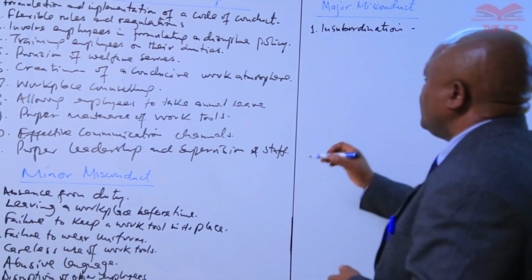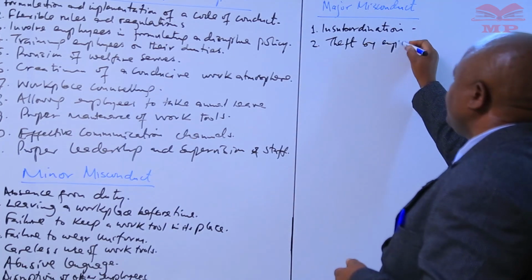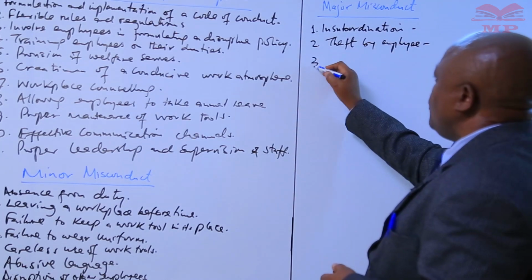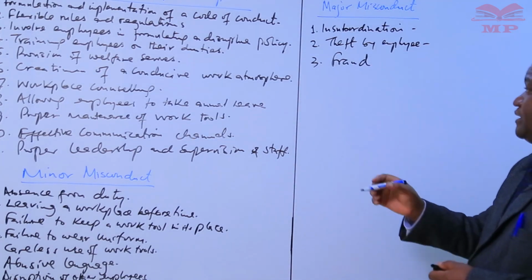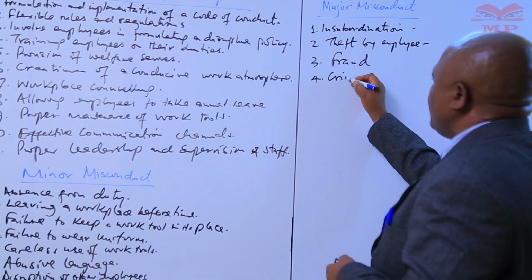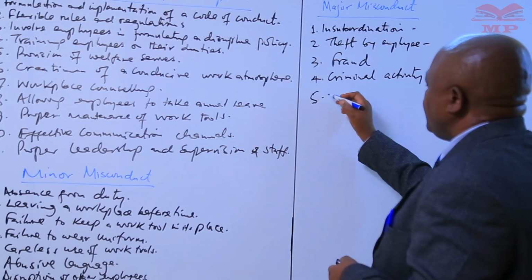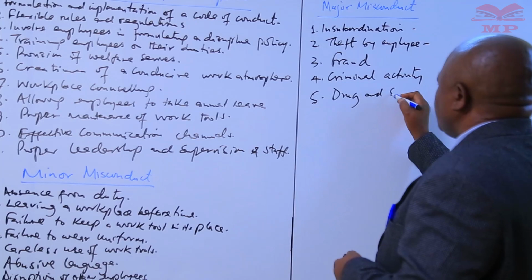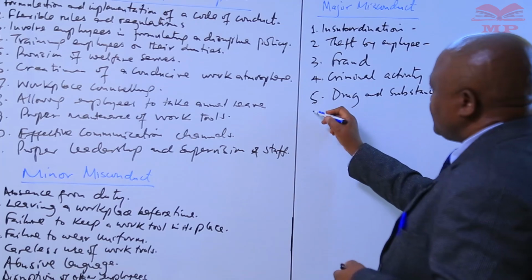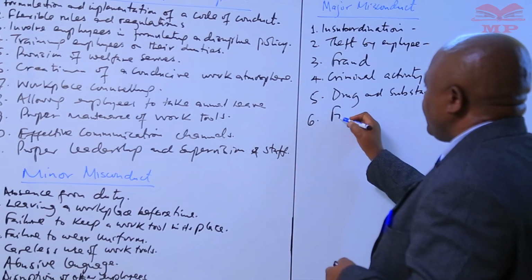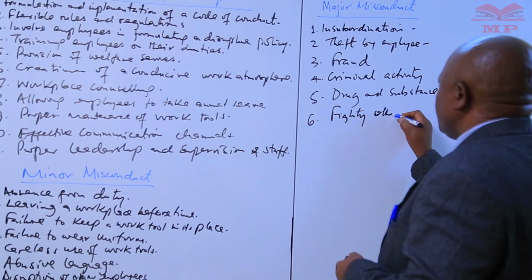Then there is the issue of theft by an employee. There is also fraud, where an employee participates in fraudulent activity. There is also maybe criminal activity. Number 5, drug and substance abuse. There is also the issue of fighting other workers.